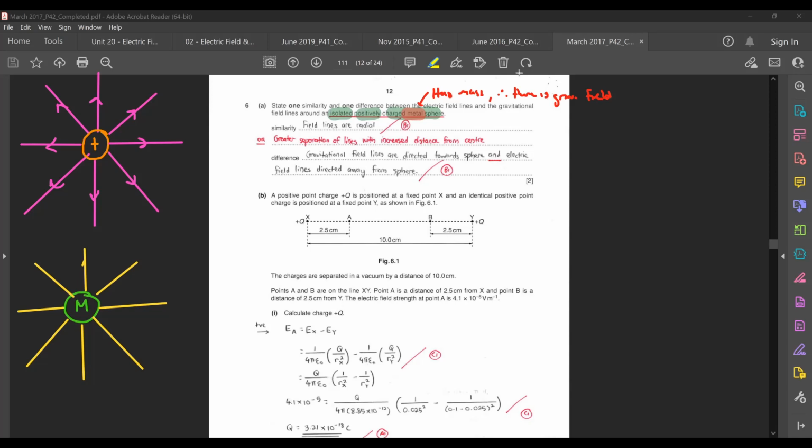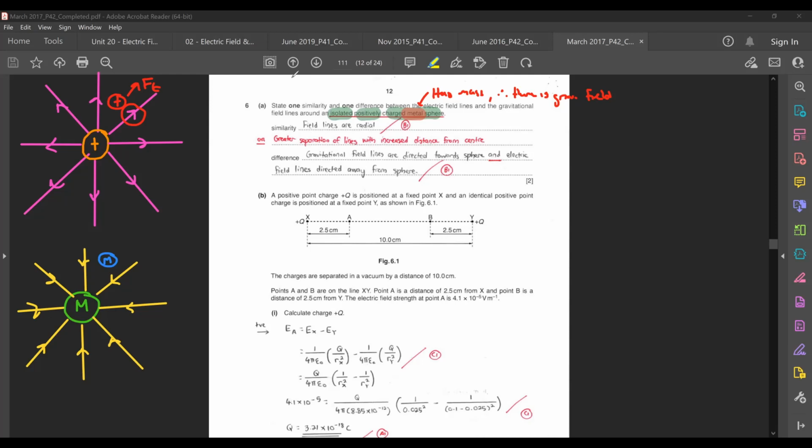But the direction of your gravitational field will be directed inwards. Okay, because it follows the direction of force acting on a test mass placed inside that field. For electric field, place a positive test charge. This is the direction of your electric force on the positive test charge. This will be the direction of your electric field. But for a gravitational field, you place a test mass.